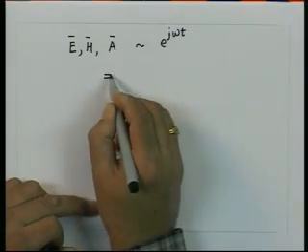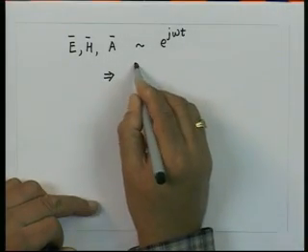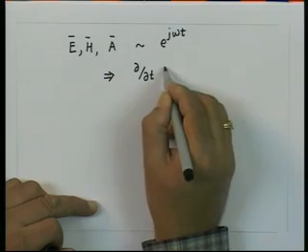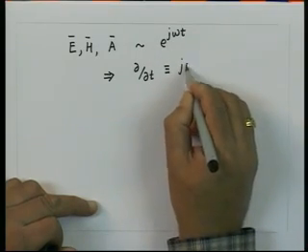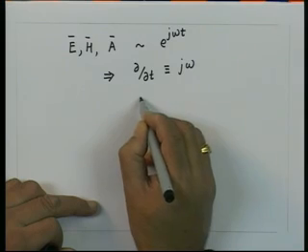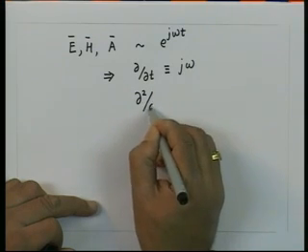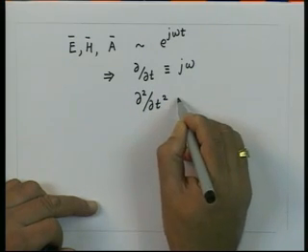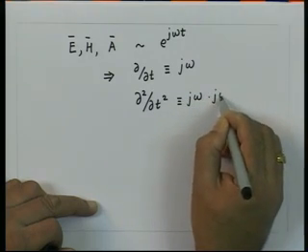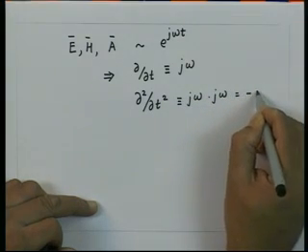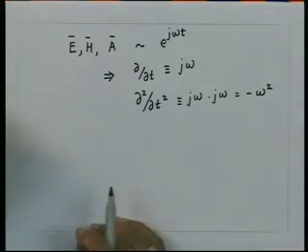That makes the time derivative d by dt equivalent to multiplying the quantity by j omega, and d2 by dt square equivalent to j omega into j omega, which is minus omega square.